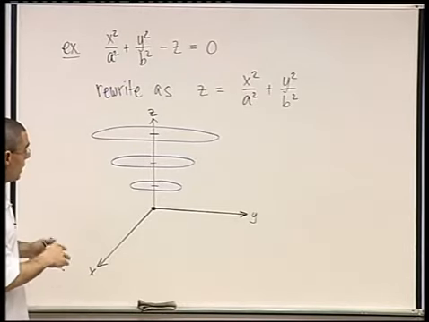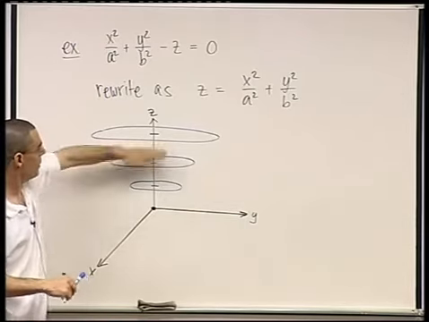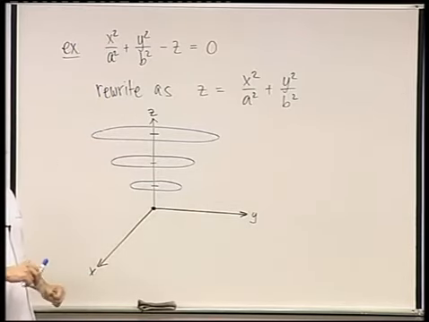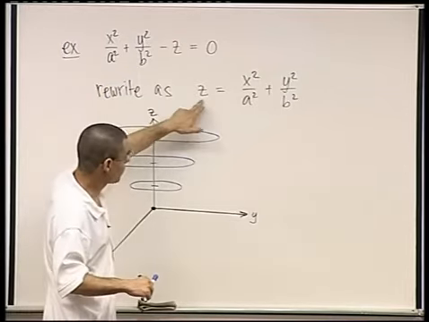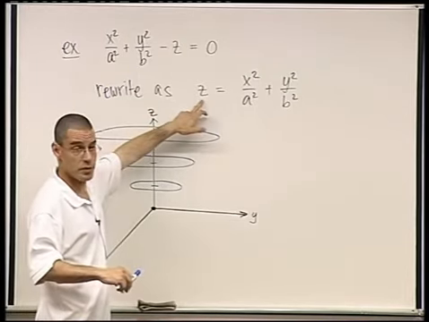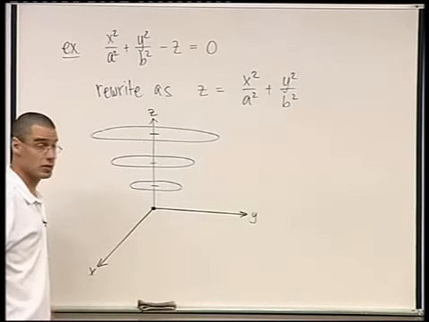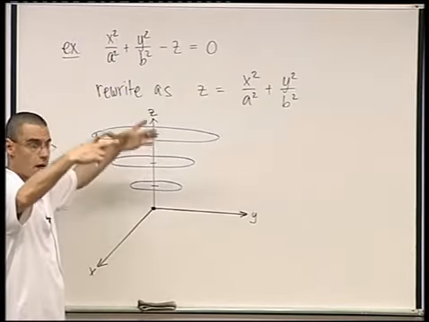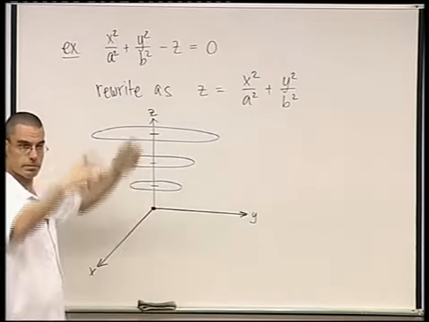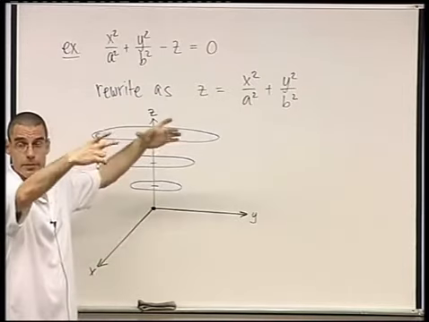Okay, so these are called sections. I'm kind of bisecting the surface to try to understand it, to try and decipher it. So that is what I got for trying to plug in various values of z. And I can already get an idea what this looks like, right? I'm starting to picture something that looks like maybe an upside-down kippah, right?